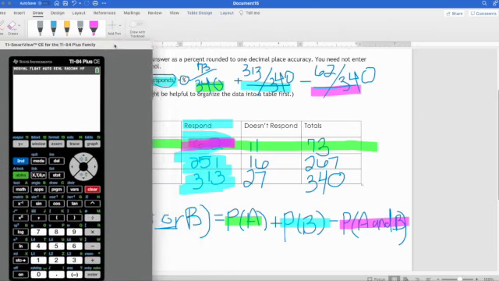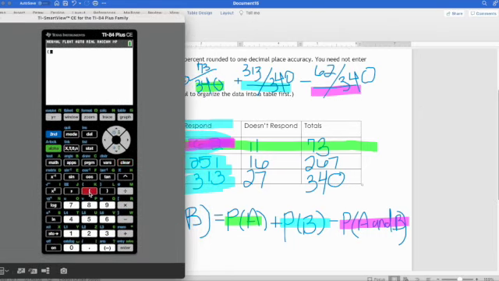So I'm going to put in on my calculator 73 divided by 340 plus, I'm going to add 313 divided by 340. And then I'm going to subtract off my overlap, which was the 62 over 340.